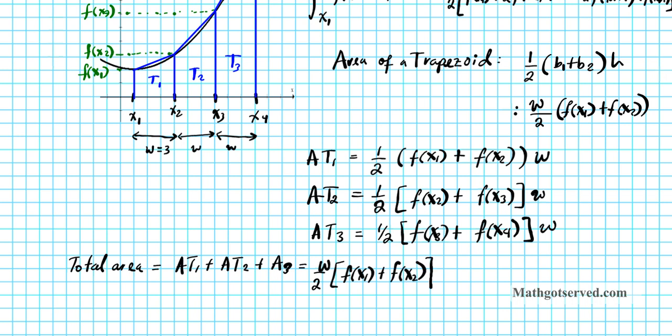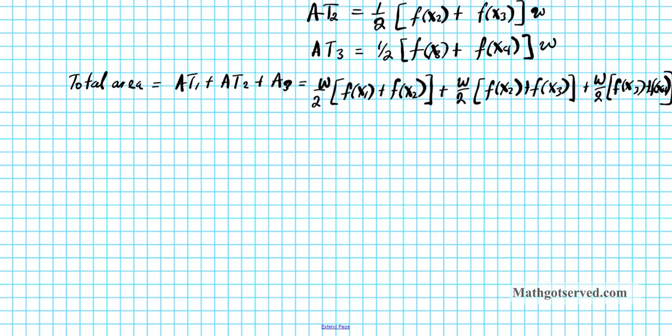That's the first one, plus w over 2 times f of x2 plus f of x3 plus w over 2 times f of x3 plus f of x4. Fit that in there. Okay? All right, now let's simplify this, and then we're going to see how this formula comes about.